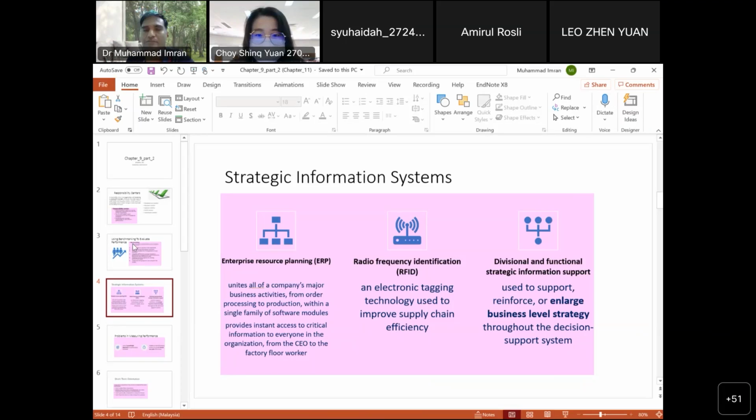Suppose this mouse is in inventory. One of the customers came and bought it, and the system will automatically update. Even my CEO can see, okay, this is the inventory. Maybe before the mouse count was 100, now it is 99 because one is sold.